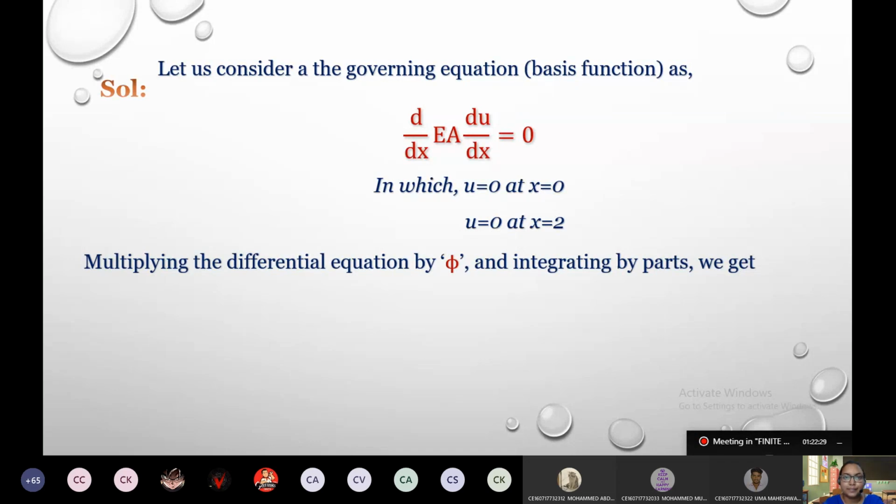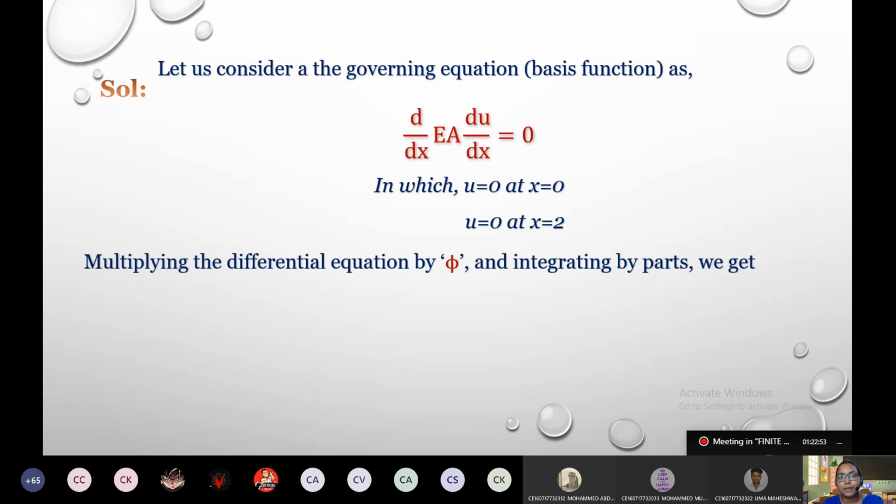What is the next step? For the governing equation we have, we are multiplying a weighting function. I am taking that as phi. The weighting function phi is multiplied with the governing differential equation we have with us, and I'm integrating in parts.